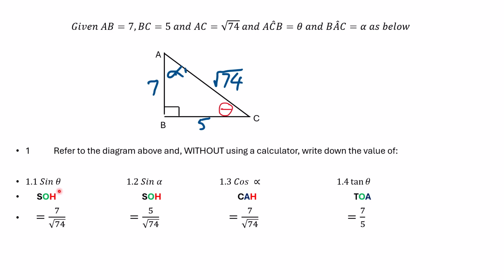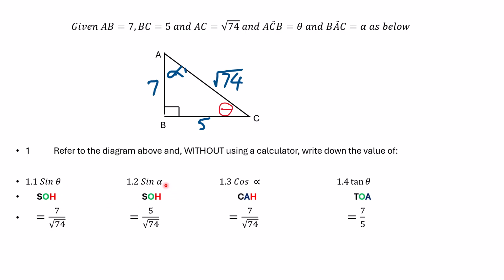To get sine theta, I assume you remember from our SOH CAH TOA, sine is SOH, meaning opposite over hypotenuse. They say theta, so I'm reading from theta. What is opposite theta? 7. What is the hypotenuse? Square root 74. So opposite over hypotenuse is sine, and therefore my answer is 7 over square root 74.